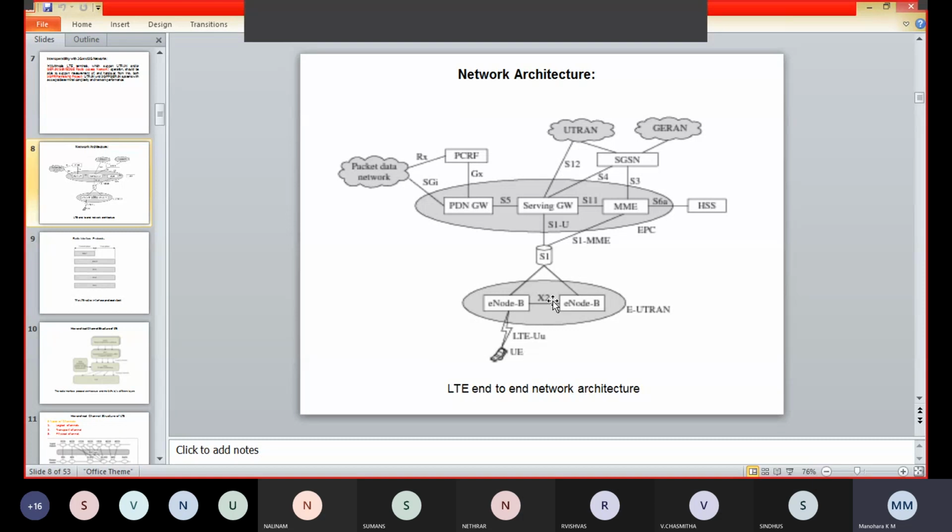X2-C is the control plane interface between eNode Bs, while X2-U is the user plane interface between the eNode Bs. It is assumed that there always exists an X2 interface between eNode Bs that need to communicate with each other, for example, for the support of handover.